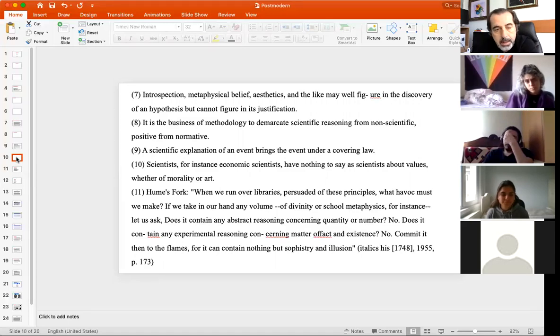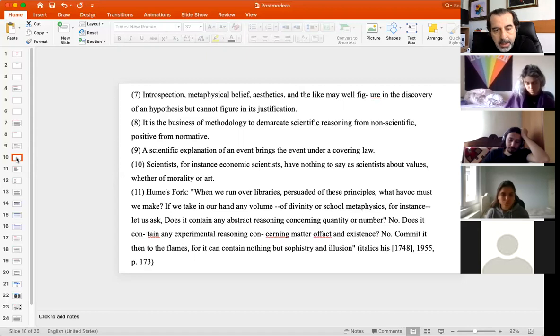This is very interesting. These are Hume's words. When we run over libraries persuaded of these principles, of this distinction or demarcation between science and non-science, what havoc must we make if we take in our hand any volume of divinity or school metaphysics, for instance.